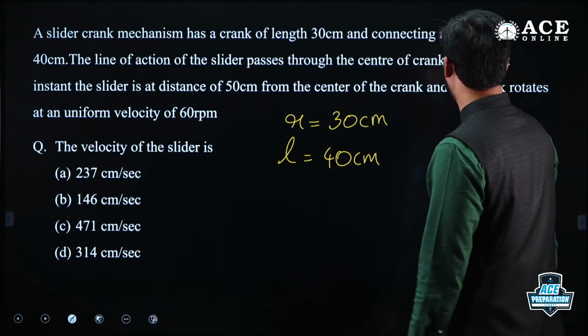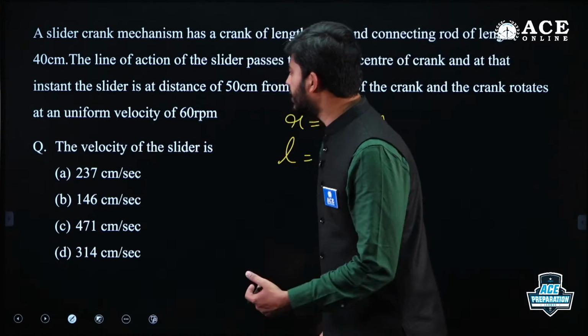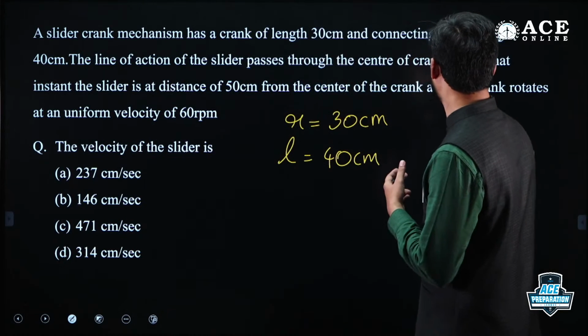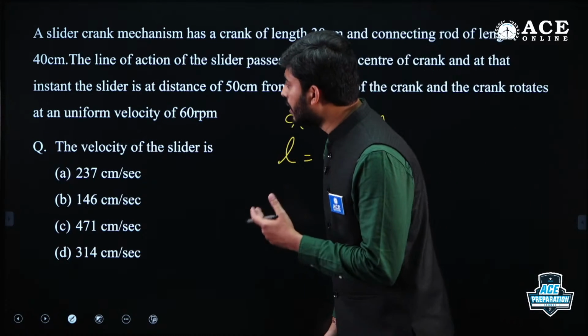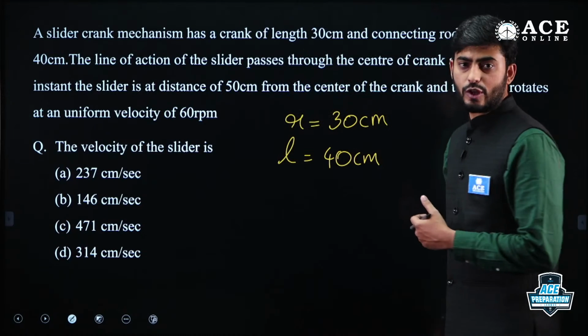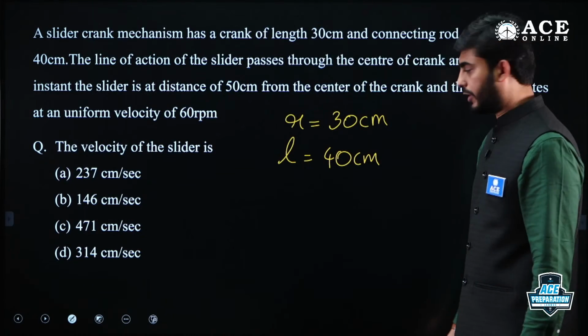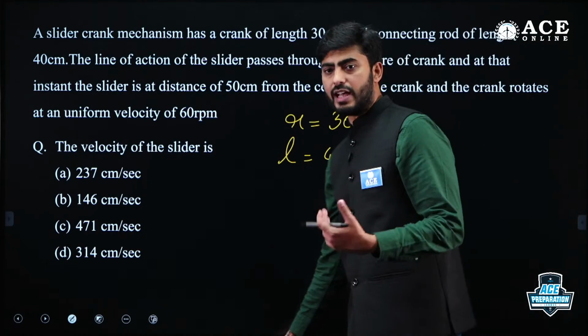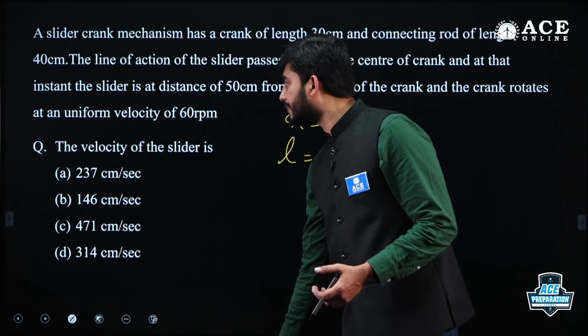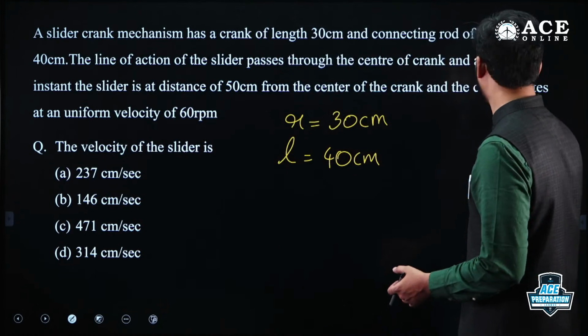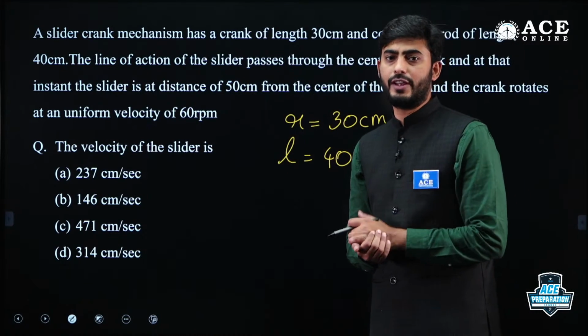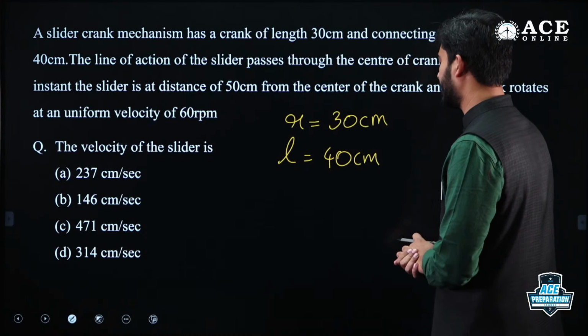At that instant the slider is at a distance of 50 centimeters from the crank center. So the lengths are given to you, guys, not the angles. The crank rotates with a uniform velocity of 60 rpm.